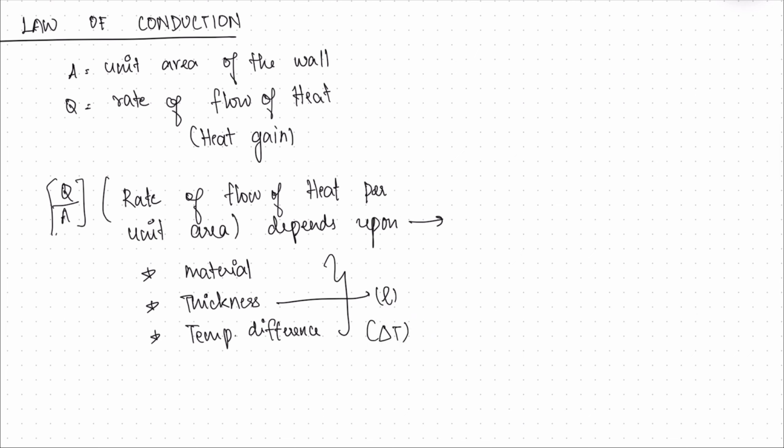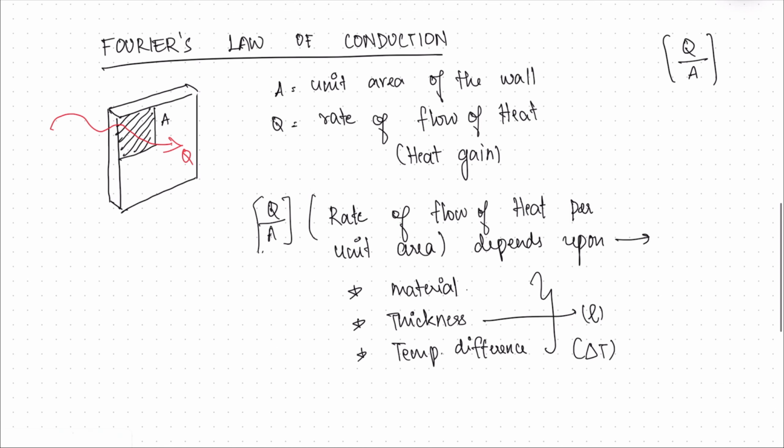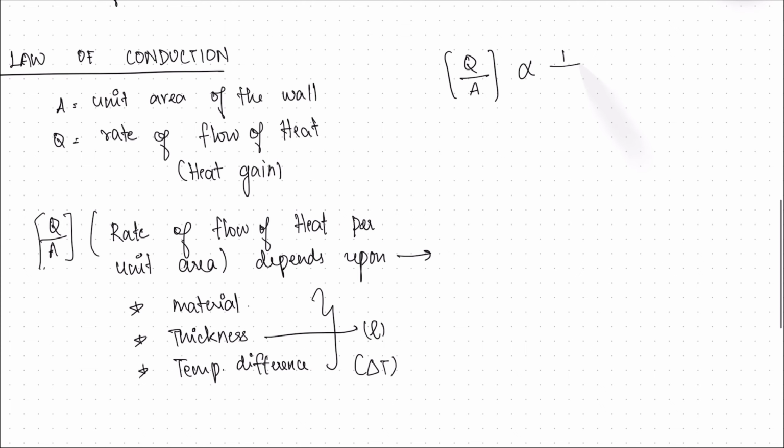So if the thickness of this material is larger, what will happen to the rate of flow of heat? It will be lesser. So your rate of flow of heat is inversely proportional to the thickness of the wall.